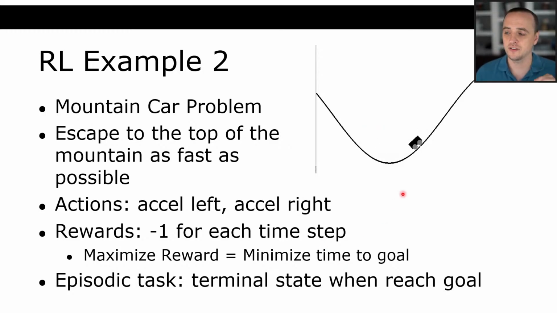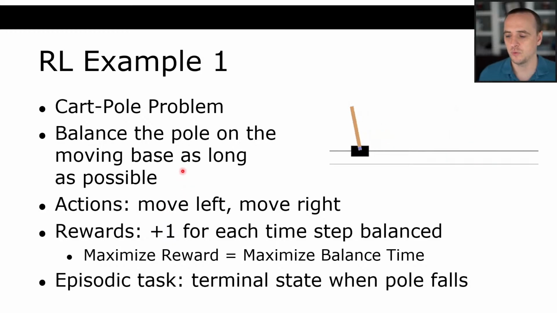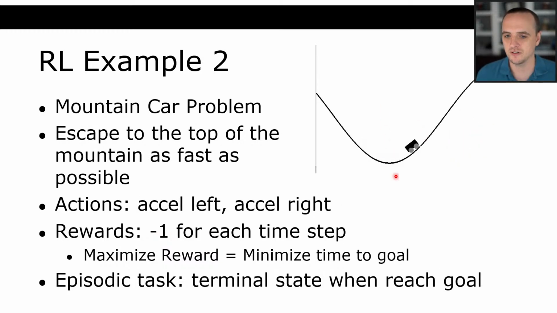And since you want to get out of this as fast as possible, you can give a negative reward for each time step. Before, we wanted this to go on for as long as possible, so time was positively rewarded. But if we want to do something as quickly as possible, we can give a negative reward for each time step.